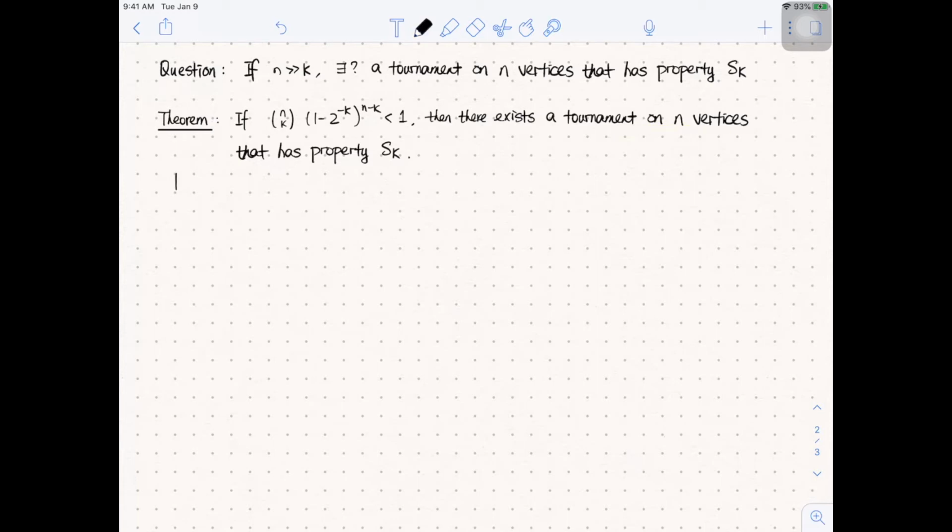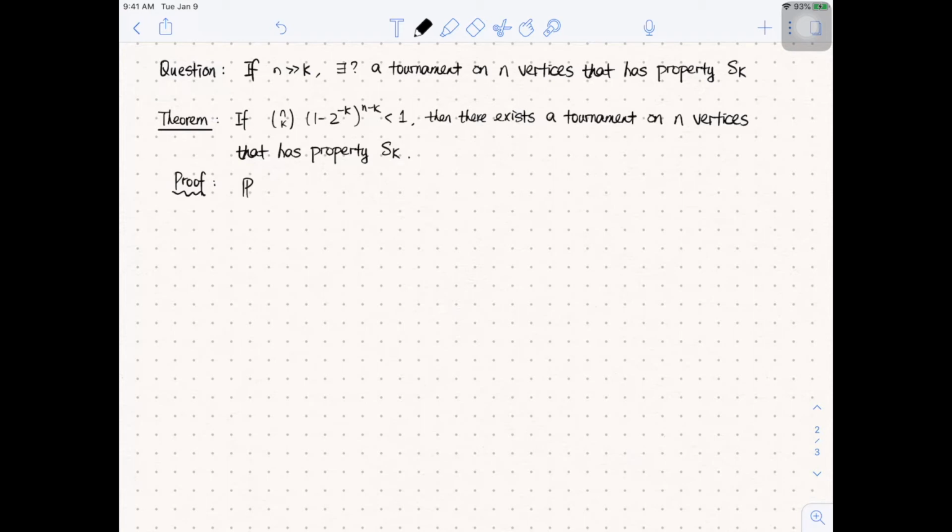The proof here is actually very similar to the proof we had for the lower bound for the Ramsey number. Essentially, we again want to use the probabilistic method, which means we want to show that a certain event will happen with positive probability.